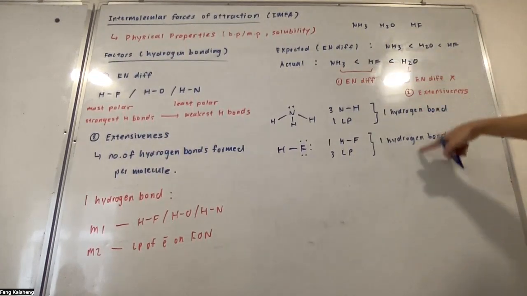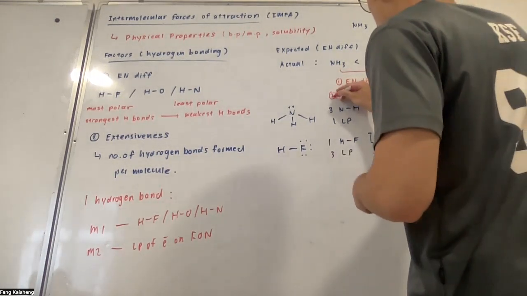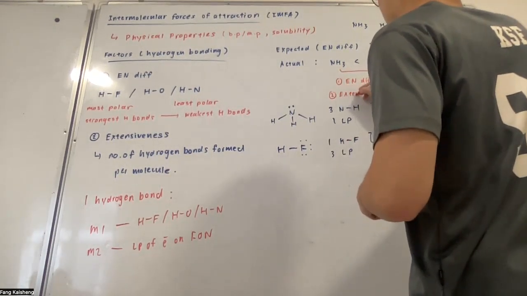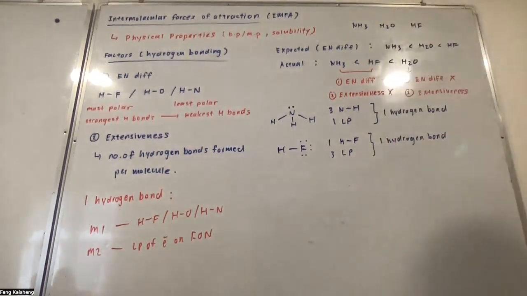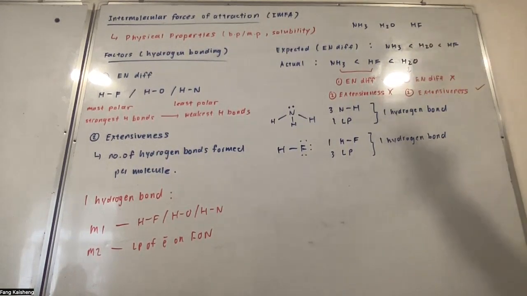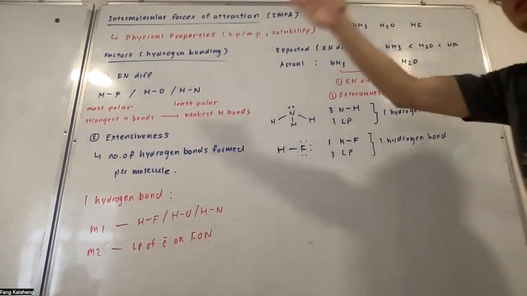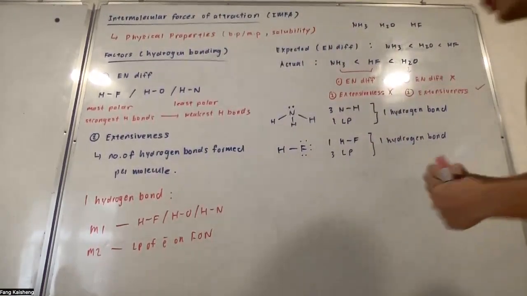Clearly not. Both of them have the same extensiveness. It is not viable. That's why we need to choose our factors wisely. Okay? You can very clearly see from this over here, you must choose the correct factor to explain what you observe in real life. In other words, guys, let's now move on to water.